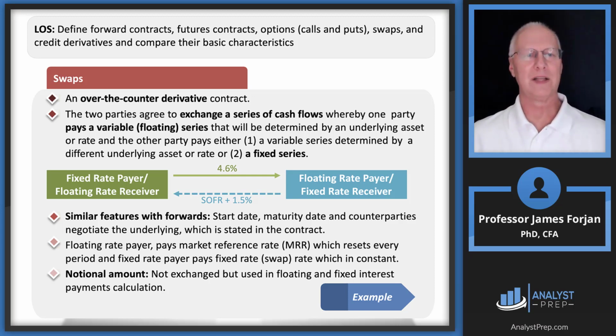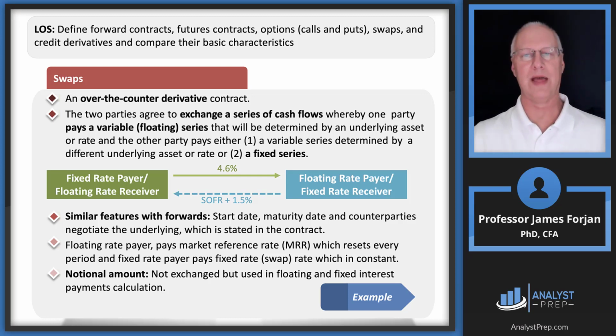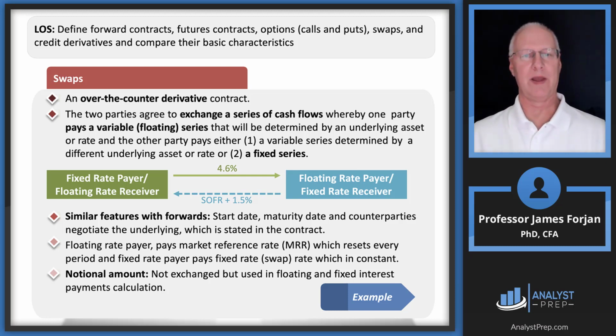So look at that second diamond point. Exchange a series of cash flows whereby one party pays a floating rate and the other party pays either a floating rate in my example or a fixed rate. Most common swap contracts are exactly what the green and the blue say, right? We're the green first. We're a fixed rate payer, so we're going to pay a fixed rate over here, and on the other side it's the floating rate payer, so that entity is going to pay a floating rate.